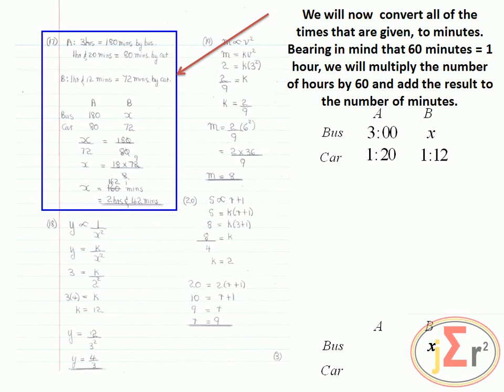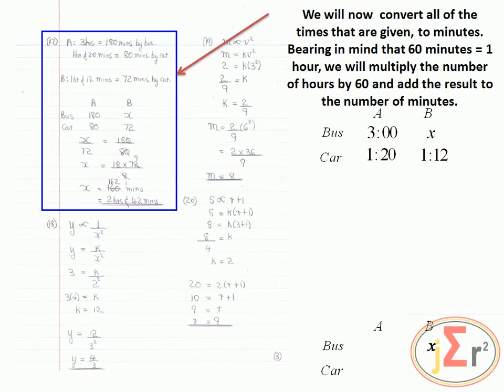We will multiply the number of hours by 60 and add the result to the number of minutes. All of these times need converting, with the exception of this one. This one is unknown, therefore we do not have to fiddle with it until we are through.